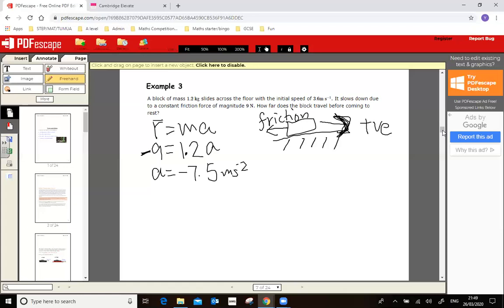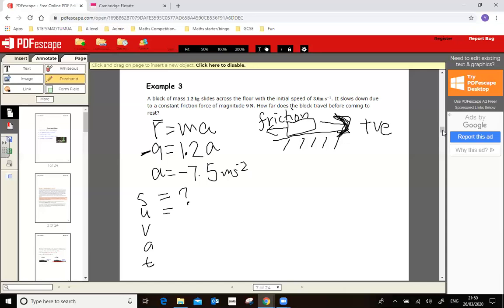So the question actually asks: work out how far does the block travel before coming to rest. So we need to use the SUVAT equations again. Let's write down our S, U, V, A, T. We're looking for how far it travels, so S is the unknown. Do we know the initial speed or initial velocity?